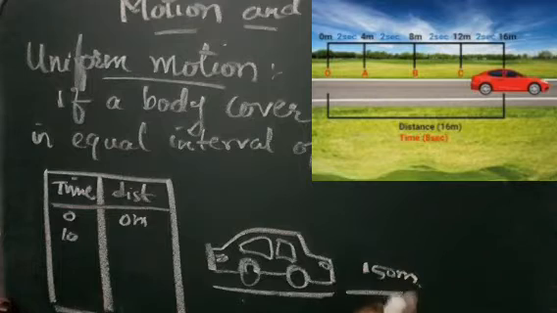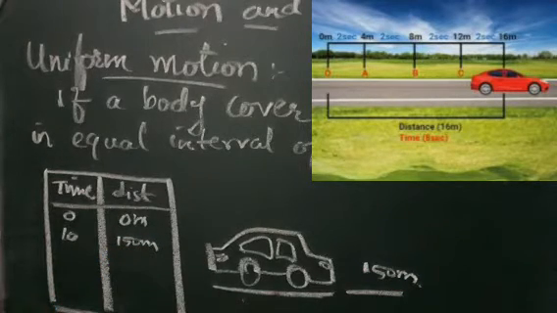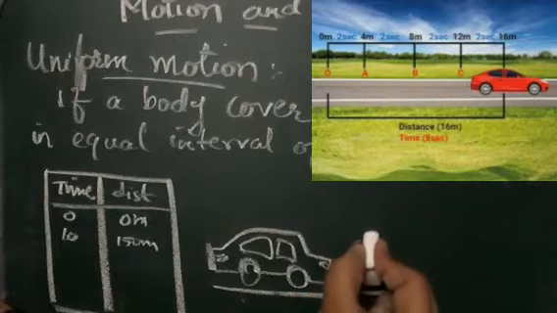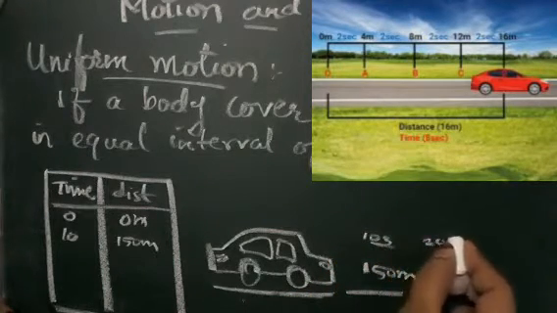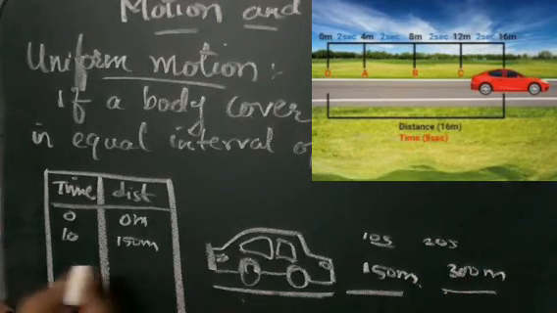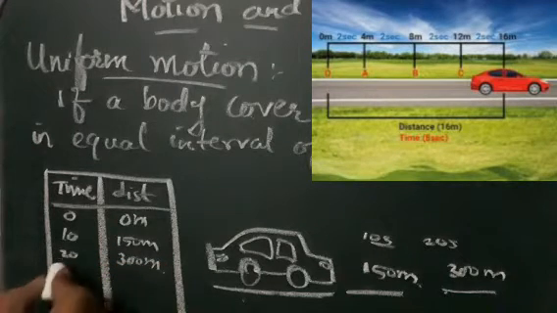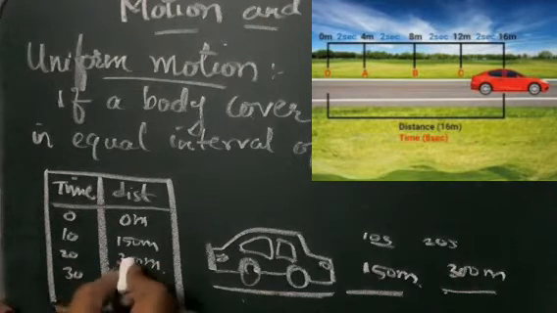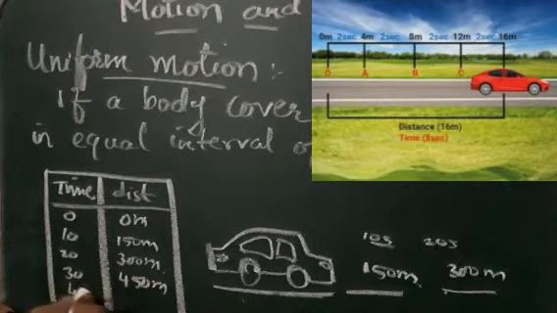After 20 seconds, the car has reached 300 meters. After 30 seconds, it has reached 450 meters, and after 40 seconds, it has reached 600 meters.